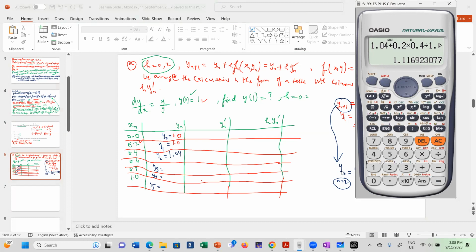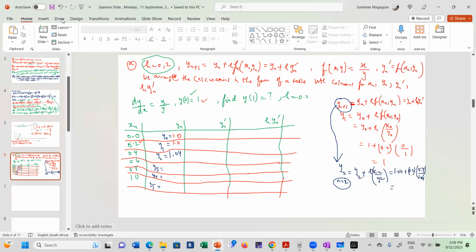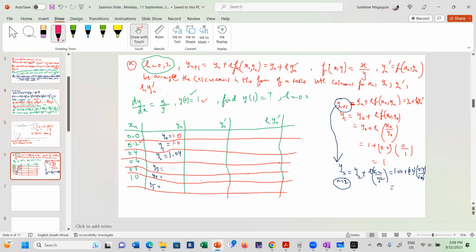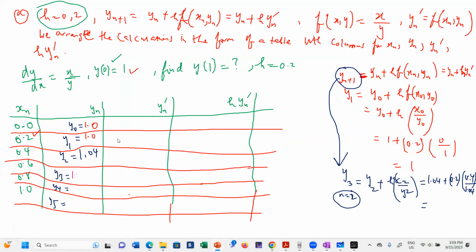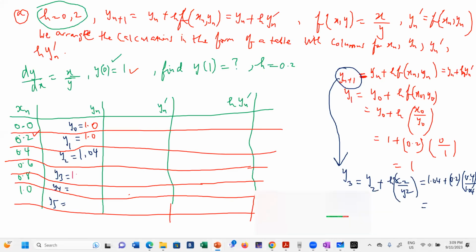So effectively what this means is that what you're having here, and write it here. So the y3 now is 1.116. Right, we can take it back. The y3 now is actually 1.116.